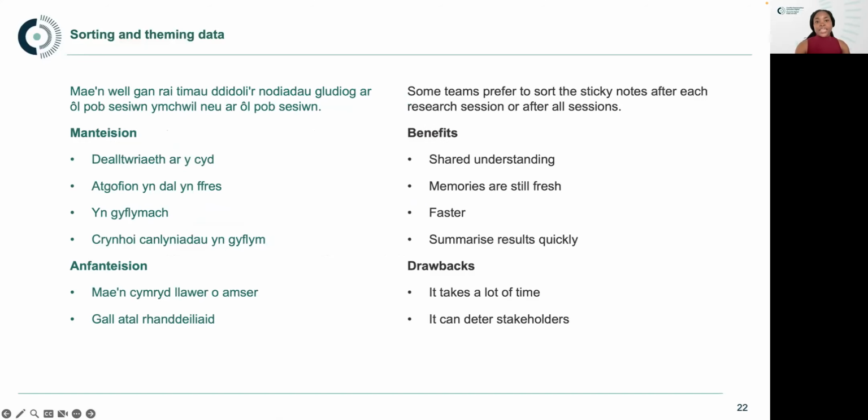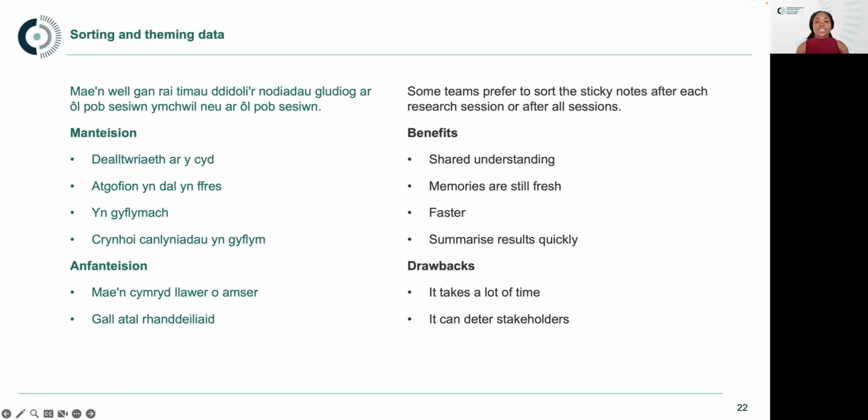Okay, so in case you wonder when the best time is for conducting an affinity mapping exercise, some teams prefer to sort the sticky notes after each research session or after all the sessions have been concluded. There are some pros and cons in conducting this activity after each session, especially if time is on your side.